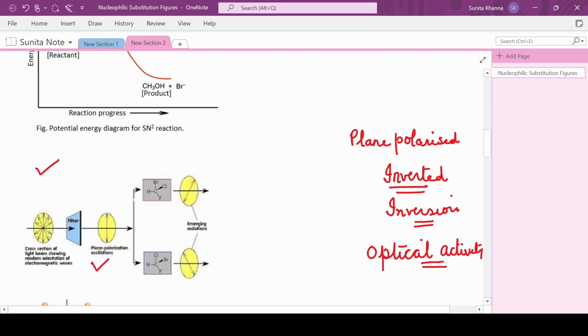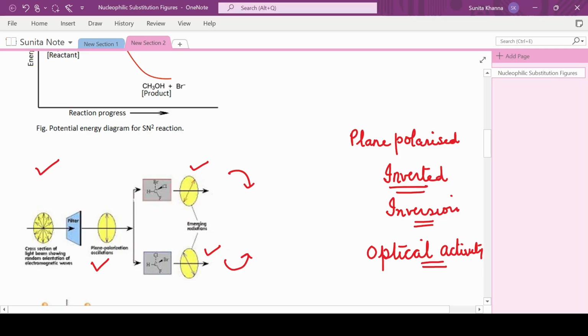When this light is passed through an optically active compound, it rotates the light either in the clockwise direction or the anti-clockwise direction. This behavior is known as optically active behavior. The rotation of plane polarized light by the compound is known as its optically active behavior.